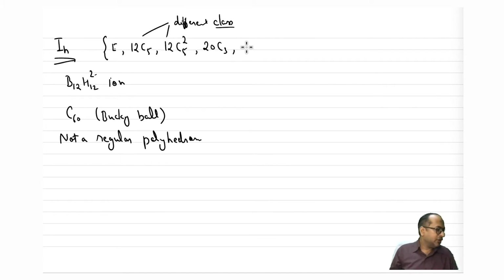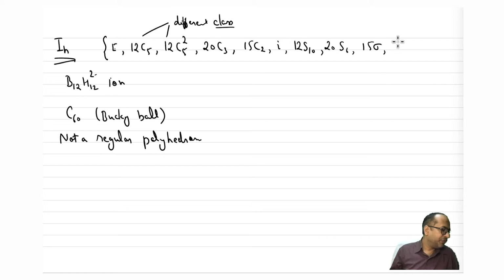Okay, so 15 C2, I, 12 S10, 20 S6, 15 sigmas, and 12 S10 cubed. So the order of the group is 120.